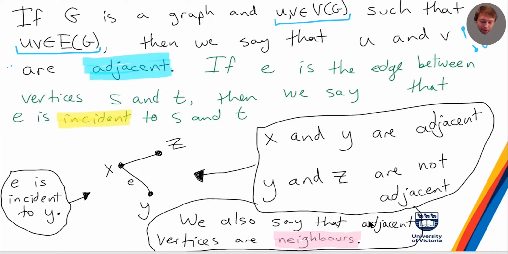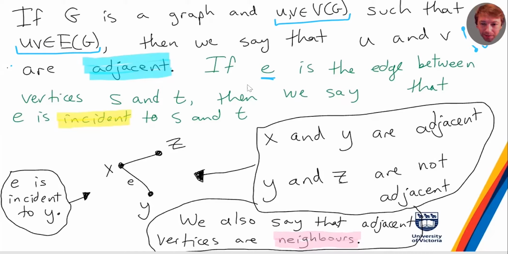Now there's a similar kind of definition in terms of interactions between vertices and edges. If e is an edge, notice I'm writing just one letter to refer to the edge. I'm just saying, e is the edge between s and t.